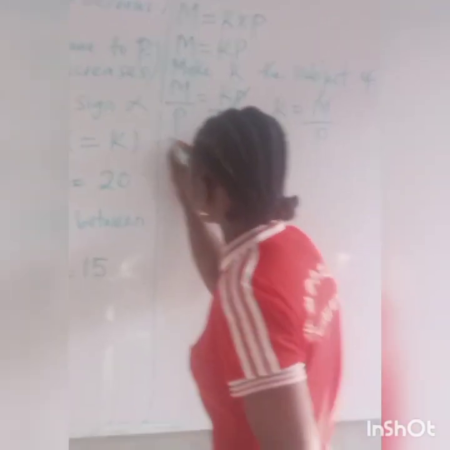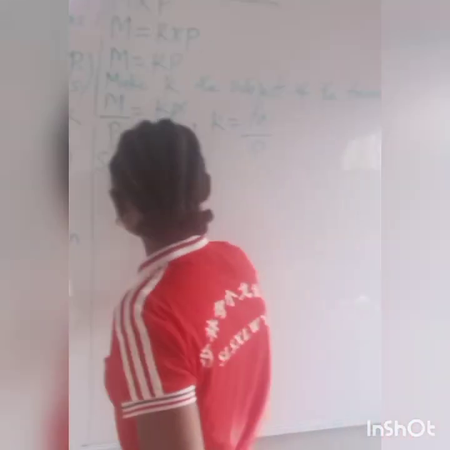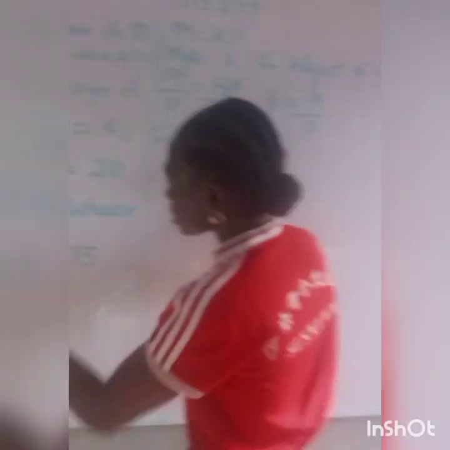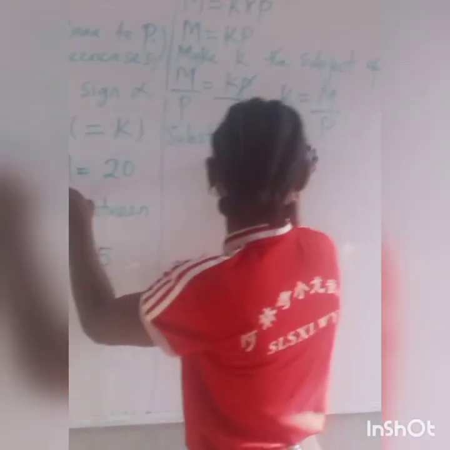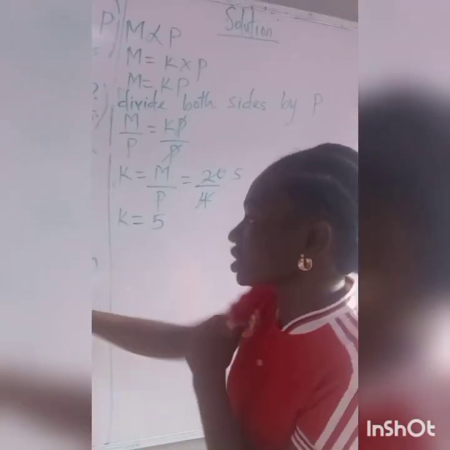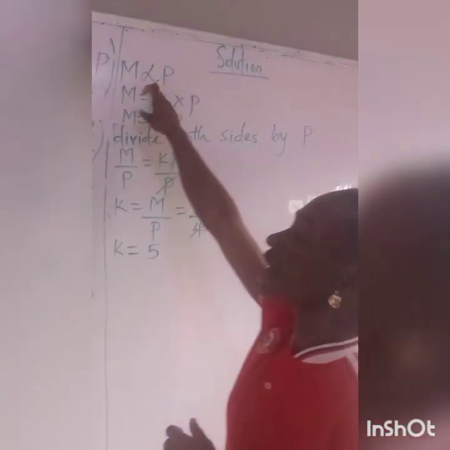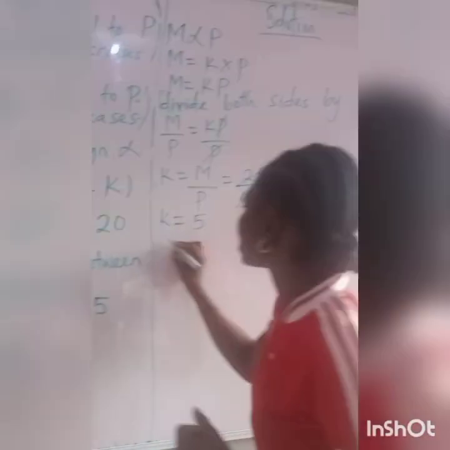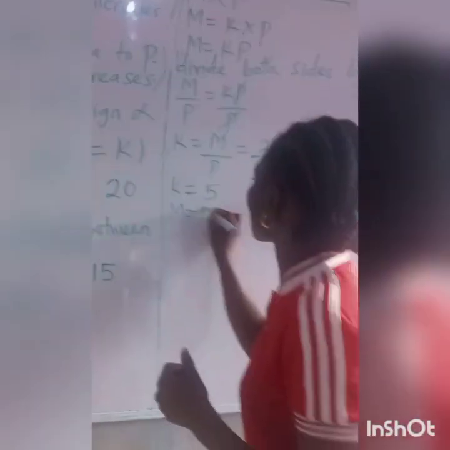Then I will substitute all these values, N equals 20 and P equals 4, so K equals 5. For the relationship between N and P, you go back to where you replaced this proportional sign with the equal sign. So I will have N equals KP.